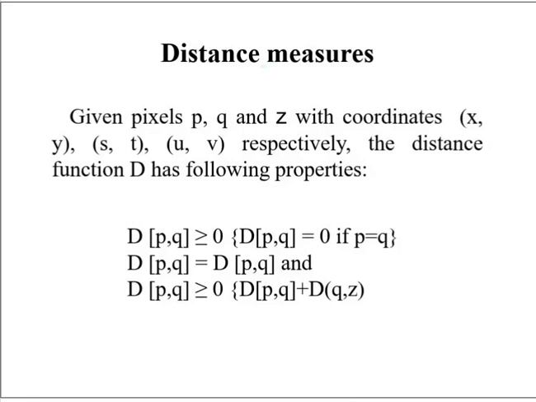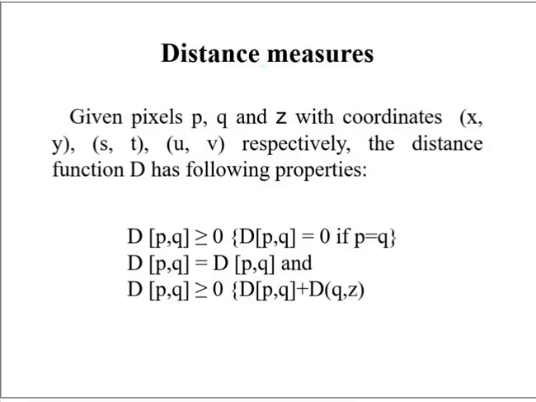The Euclidean distance between p and q is defined as dE. dE represents the Euclidean distance between the points p and q, which is equal to [(x minus s) squared plus (y minus t) squared] raised to 1 by 2.